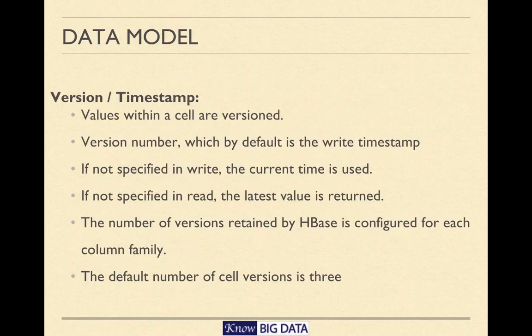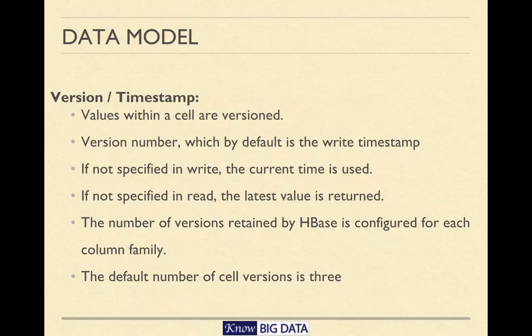The version number is by default the timestamp. When you don't specify a version number for each cell, then by default the current time is used as the version, and while retrieving, the latest version based on the timestamp is taken if you don't specify the version number.